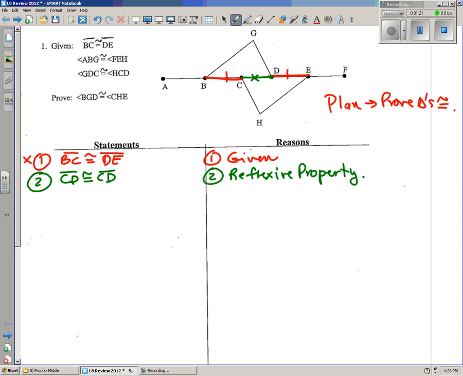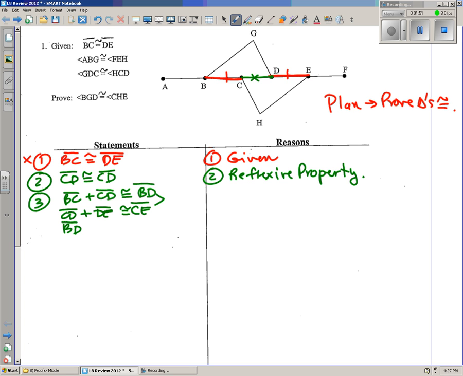So when segments are too short, we have to try to add something to them. So step 3 here is I'm going to take BC and CD and add them together to get BD. We'll take CD and add it to DE to get CE. And then all together, we know that these pieces are going to be congruent.